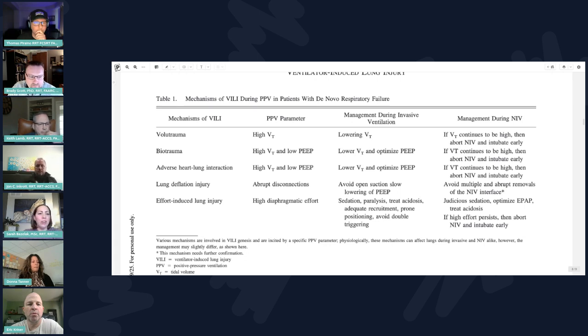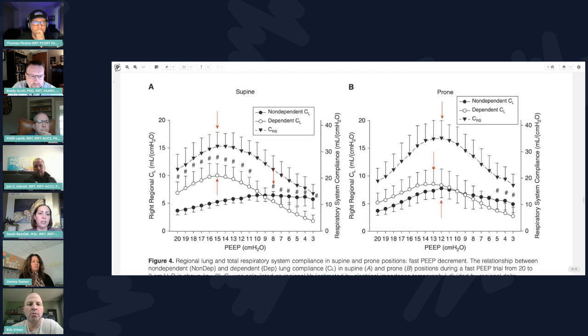Brady, I would almost argue too, some of your work that your team has done for awake proning would also be something you could talk about as a strategy for preventing PSILI in spontaneously breathing patients. Yeah, the paper just came out in JAMA Internal Medicine that pretty much shows that it's flipping people over early, even for the awake prone position.